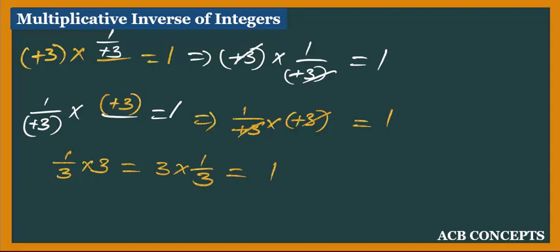So 3, 1 by 3 are multiplicative inverse to each other.